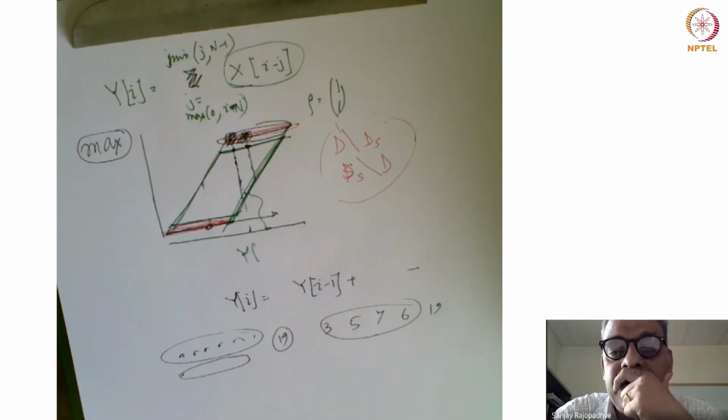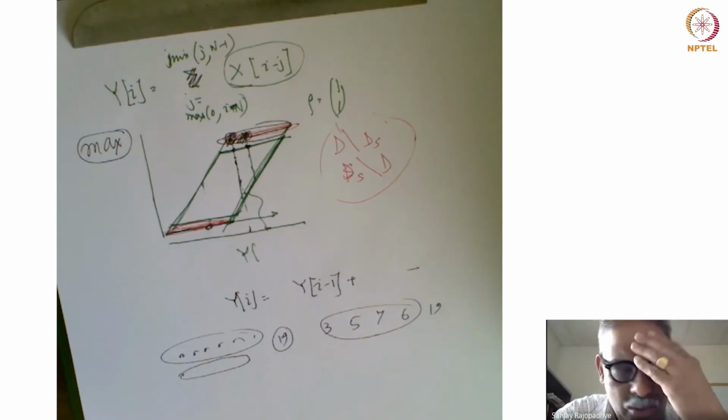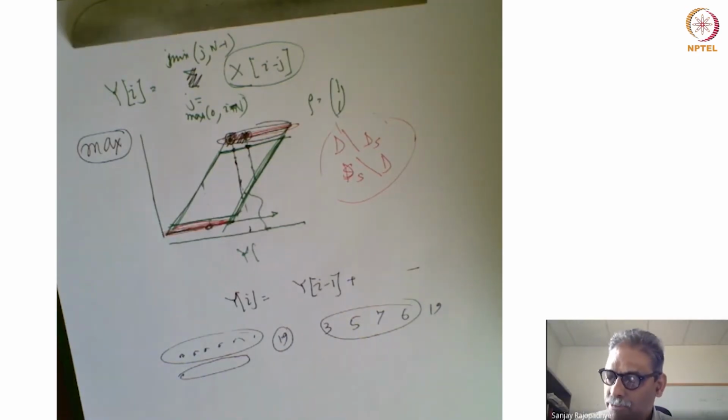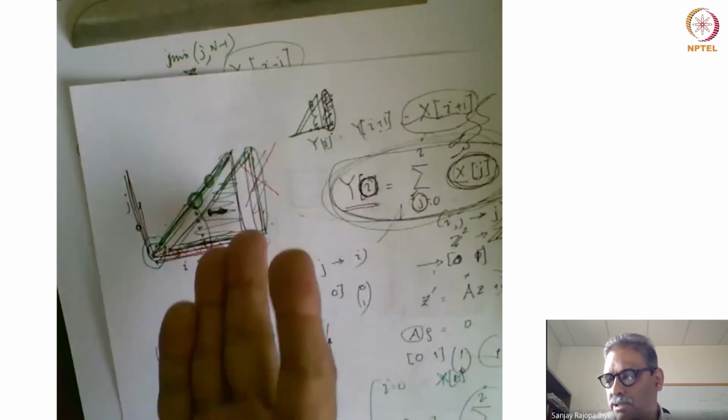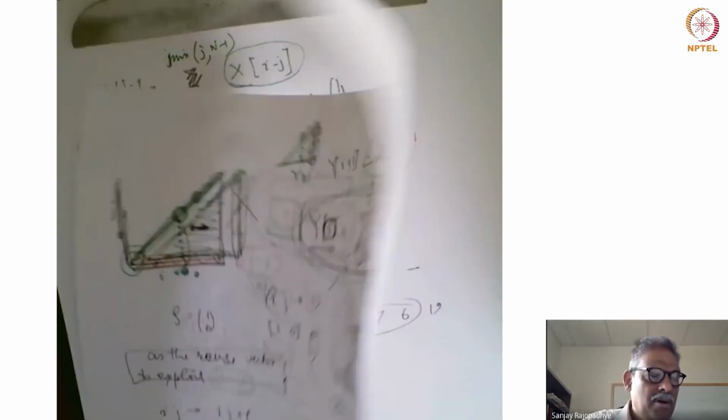Can you think of somehow doing better than that? Can you still do this in linear time? What if I take this parallelogram? I have an answer that works on triangles. It doesn't work on parallelograms.